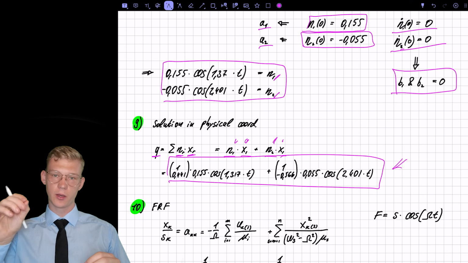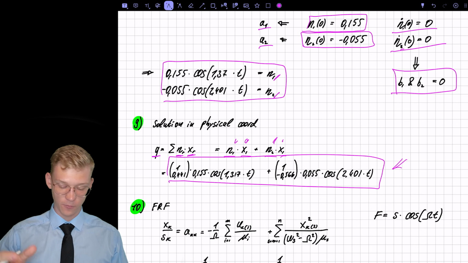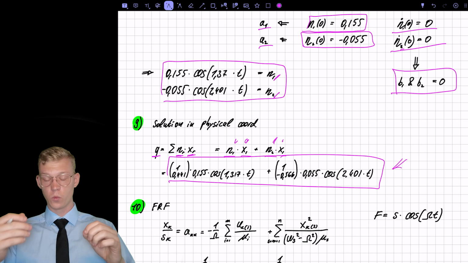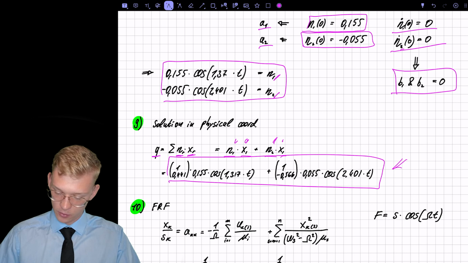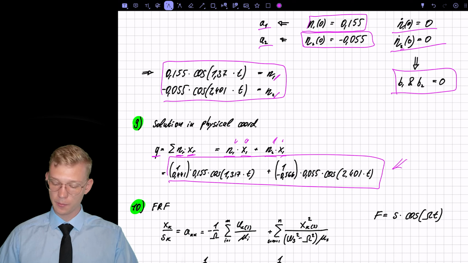So if we jiggle at the first component, how will the first component react when we do that? So we have to take the eigenmode s and look at the component number k and divide by the eigenfrequency minus the excitation frequency squared divided by the modal mass.